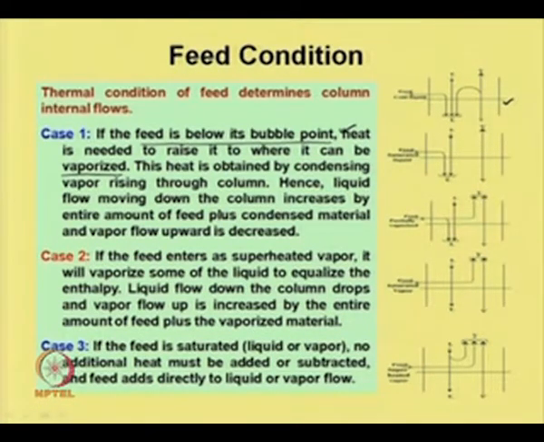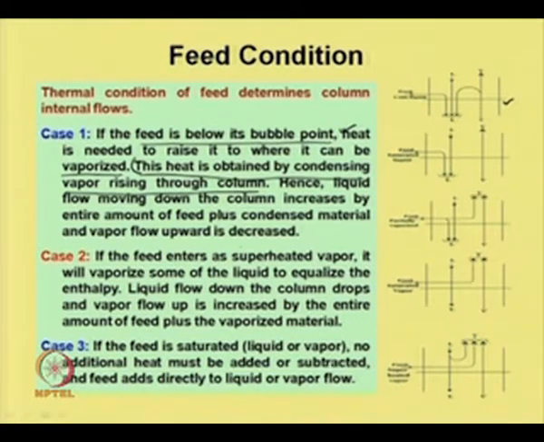So, this heat is obtained by condensing vapor rising through the column. This heat is taken from the condensing vapor which is rising through the column. Hence, we can say the liquid flow moving down the column increases by the entire amount of feed plus condensed material, and the vapor flow upward is decreased.